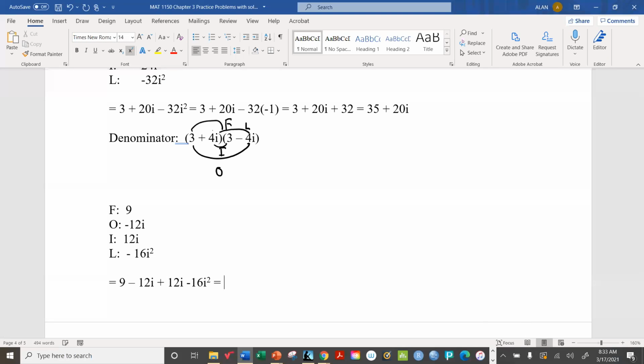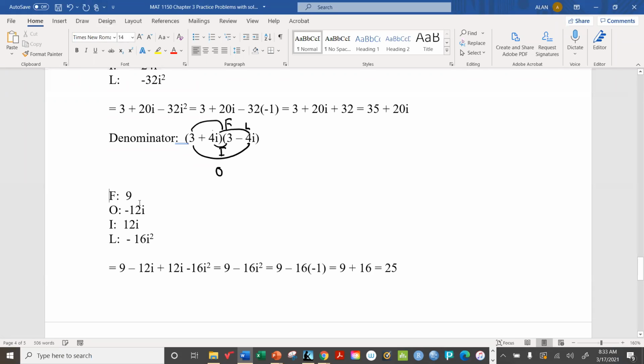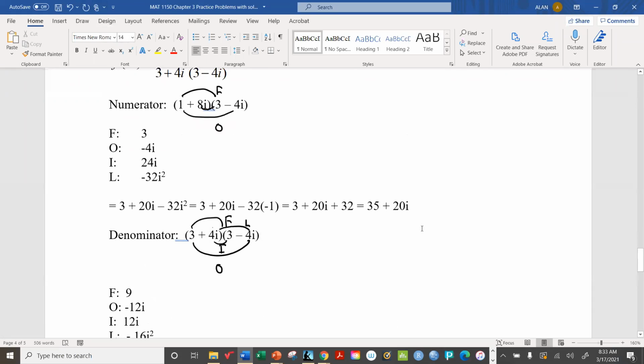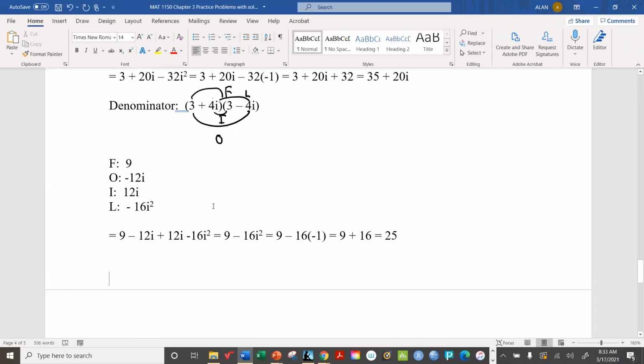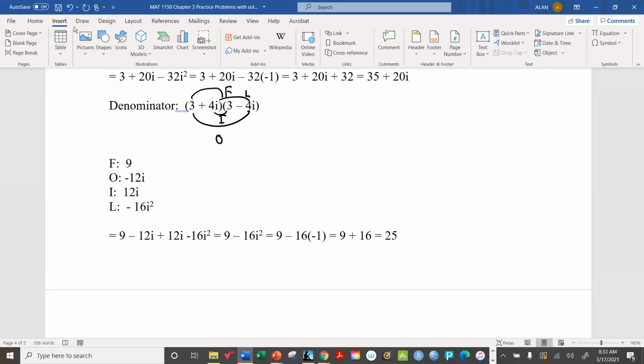So we've got 9 minus 16i squared, 9 minus 16 times -1, 9 plus 16, 25. All right, so we've got our numerator, we have our denominator, and so our final result, wow. Now this one is interesting because we can probably simplify it just a little bit further. You'll see why in a second.